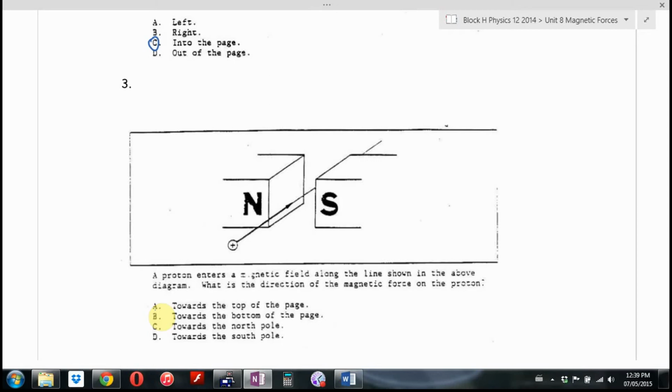So let's add the magnetic field lines pointing from north to south. Which way is this proton traveling? That way. Which way is the magnetic field? Which way am I going to point my fingers? That way. Is the answer A, B, C, or D?